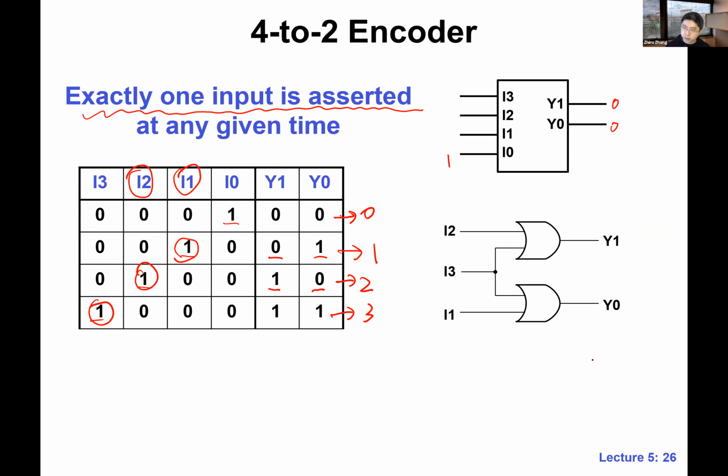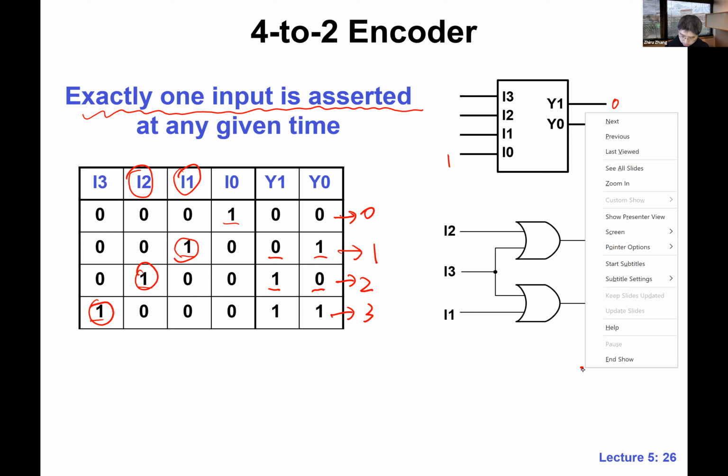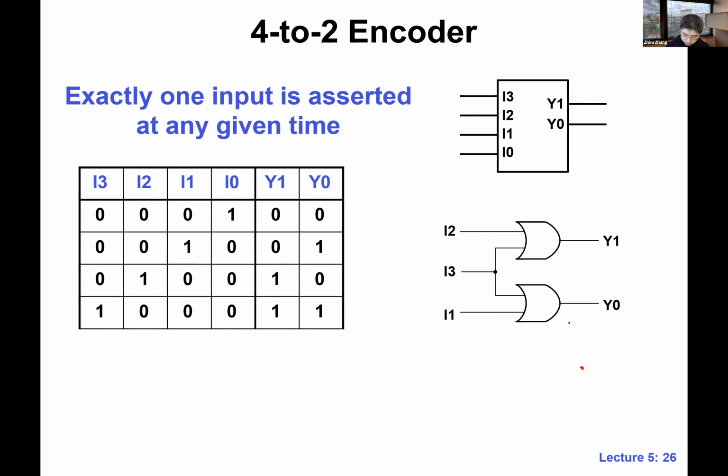So I'm going to ask you a question. If you look at this circuit diagram, how come I0 is not even in there?